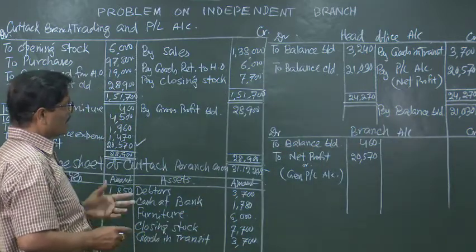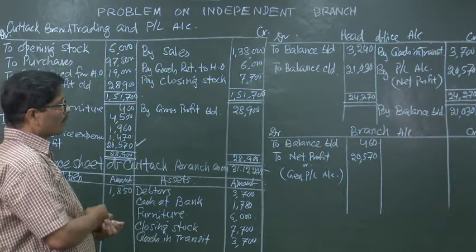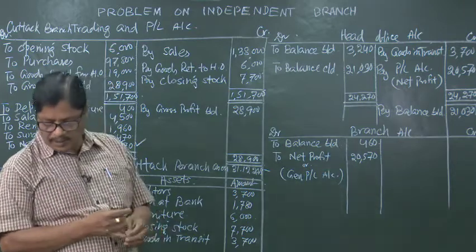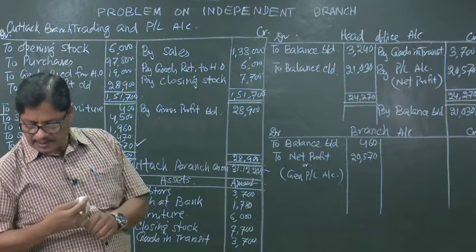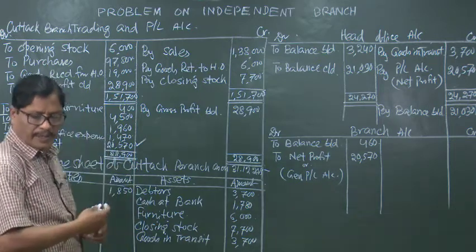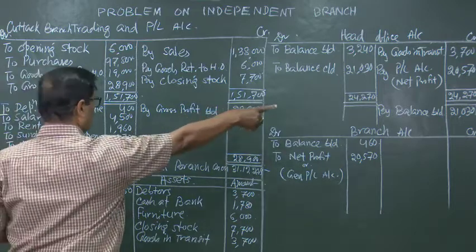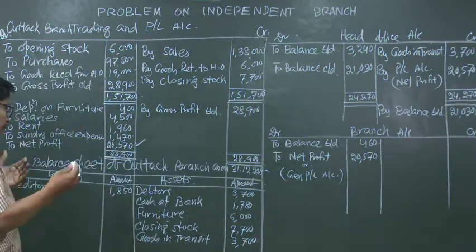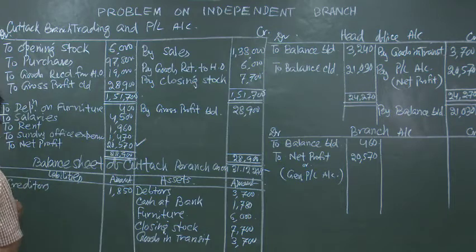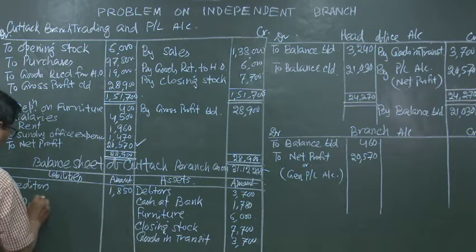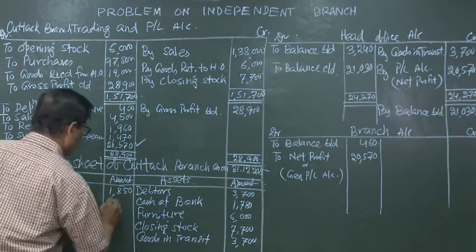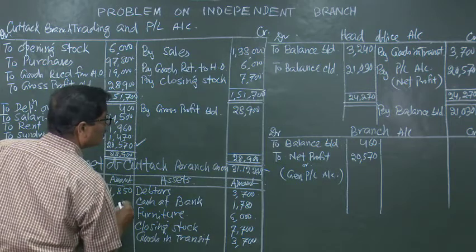The head office account is showing a debit balance of 21,030. So, in the balance sheet that account should be there. So, the head office should get a credit balance of 21,030, meaning he is a liability. So, head office account 21,030.